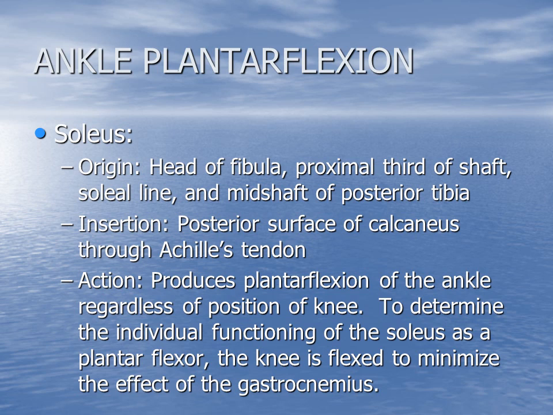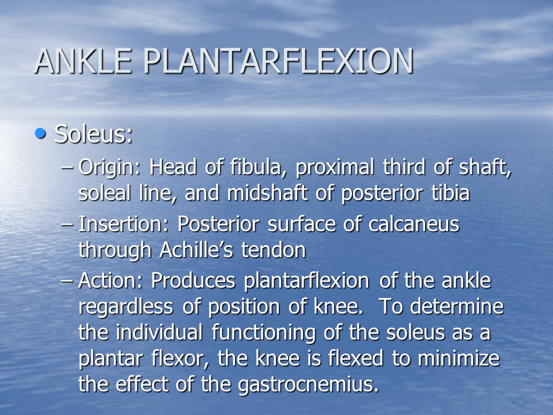So whether the knee is flexed or extended, the soleus is also always active. Now, this is in contrast to the gastrocnemius muscle, which becomes maximally active at full knee extension and less active with increasing angles of knee flexion. But the soleus is always active regardless of the position of the knee.